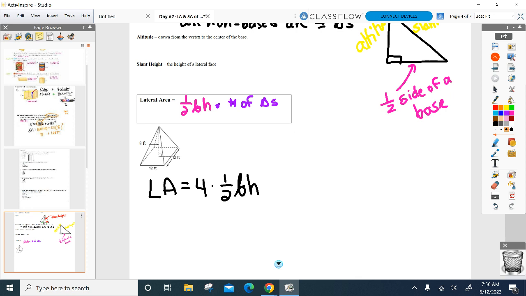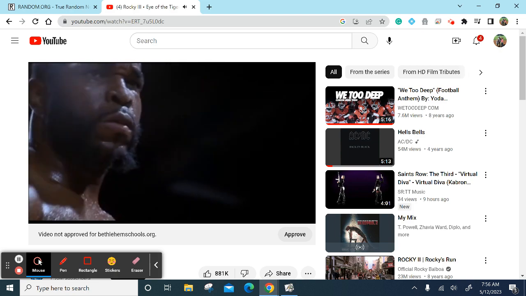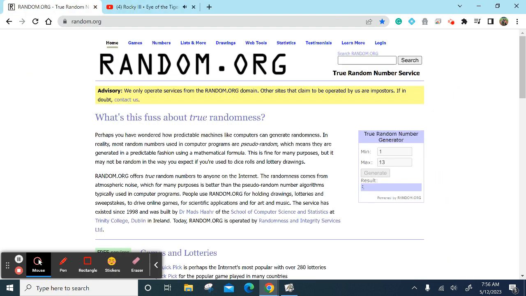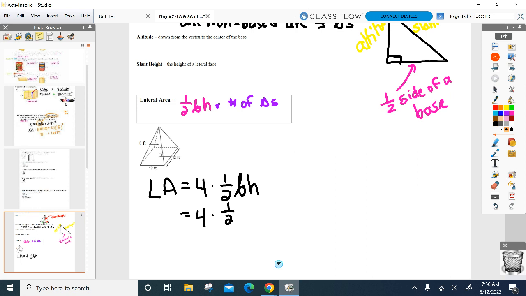Help me find the area of one of those triangular faces. 4 times 1/2. You can fill in for B, right? What's the base of one of those faces? 12.